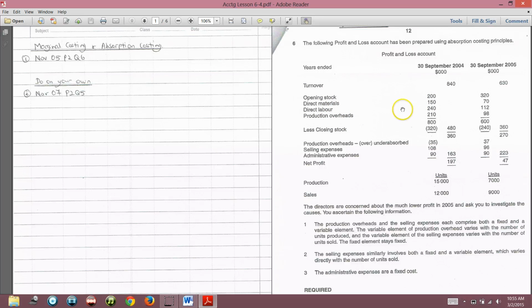You see, in the previous question that I've shown you, the stock would include an apportionment or an allocation. So the stock would also absorb the production overheads using the absorption costing principles.